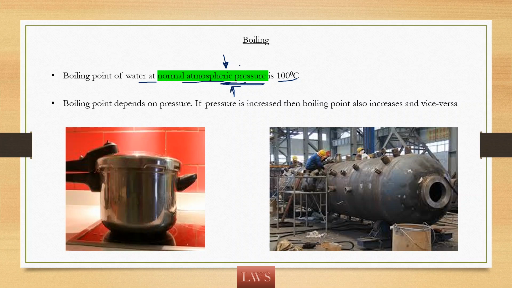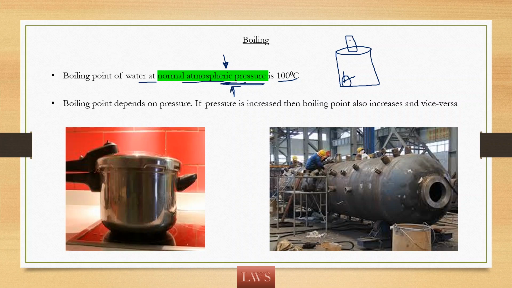If the pressure increases, so here, when does the bubble break? The bubble breaks when the pressure inside the bubble equals the outside pressure, and the outside pressure depends on the atmospheric pressure. If atmospheric pressure changes, then the temperature at which the pressure inside the bubble equals the pressure outside the bubble will also vary.